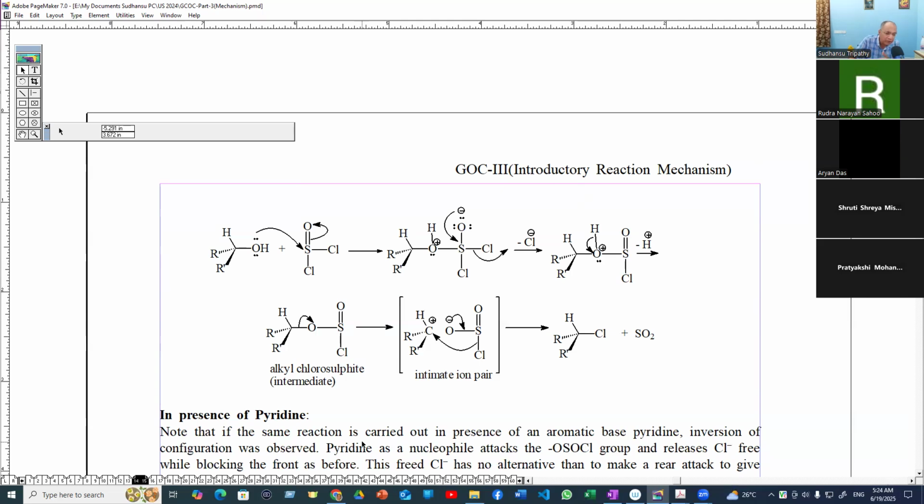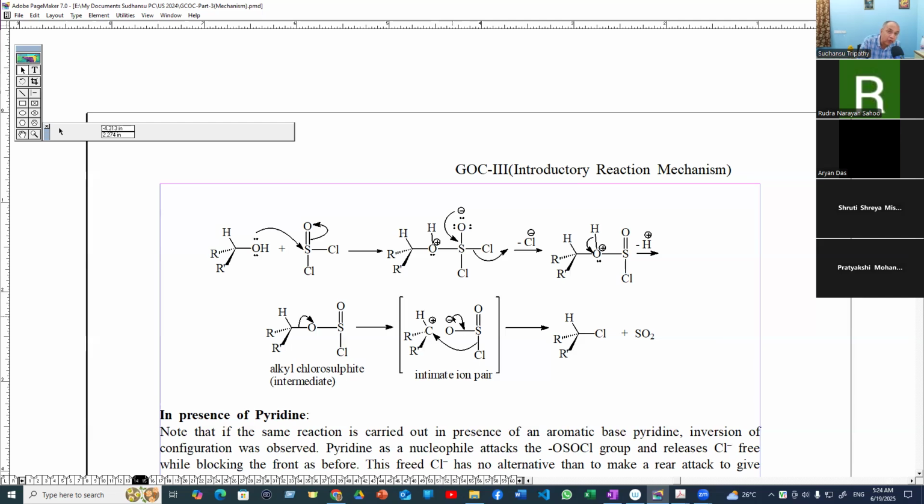But if you leave it for some time, there will be an intimate ion pair. Heterolytic cleavage of the carbon-oxygen bond will take place, but the ions will not be separated. There is no room for any carbocation activity, because the O minus will not leave that carbocation.